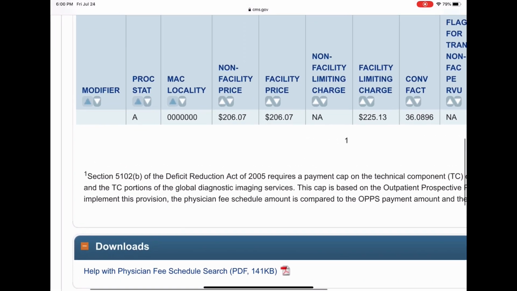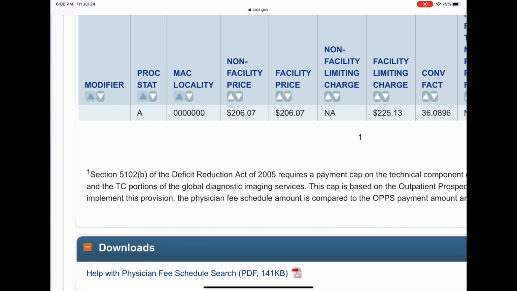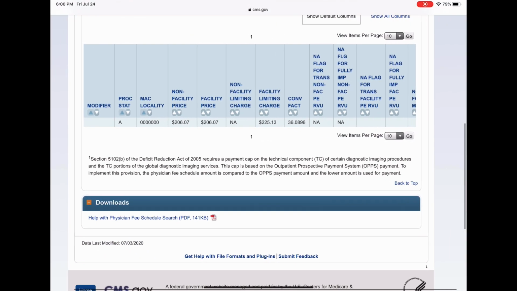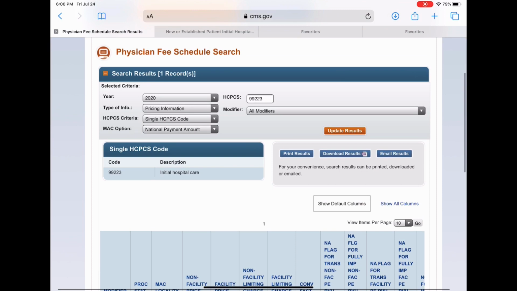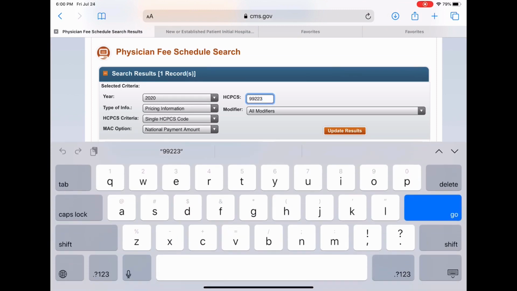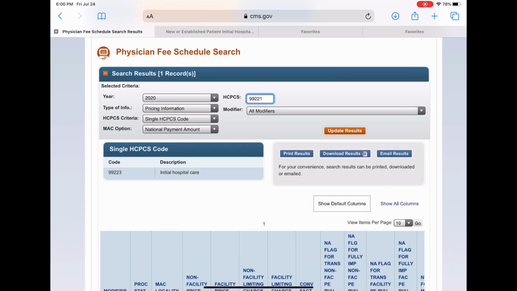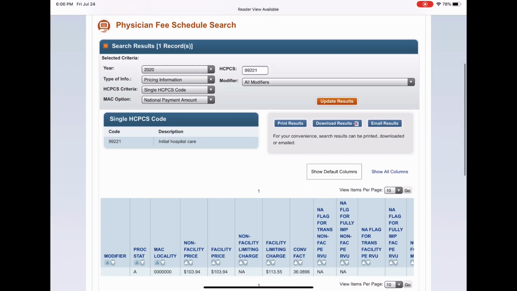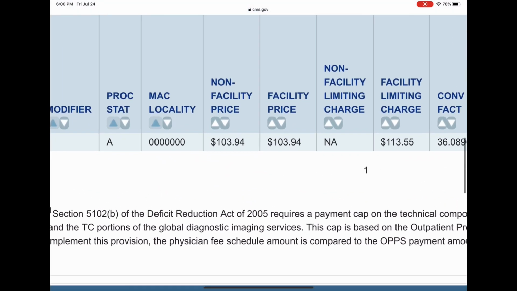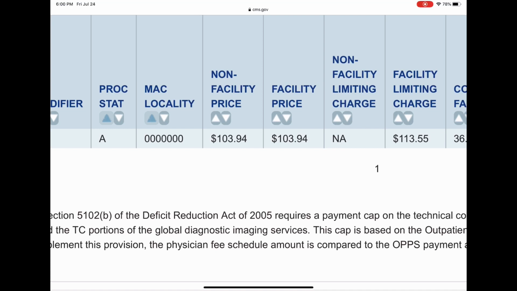If we zoom in here, $206.07. Remember that number, because we're about to compare it. If you missed that one little family history element, you should be downcoded to a 99221 because your documentation doesn't support it. And let's look at the difference in payment. Look at that, $103.94.